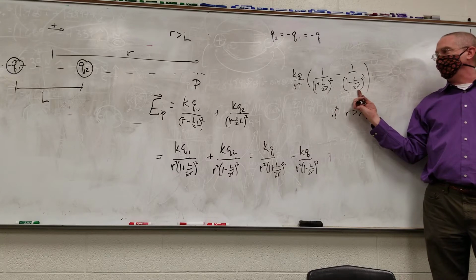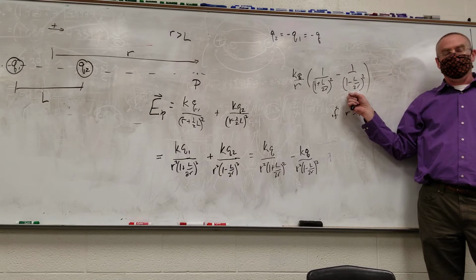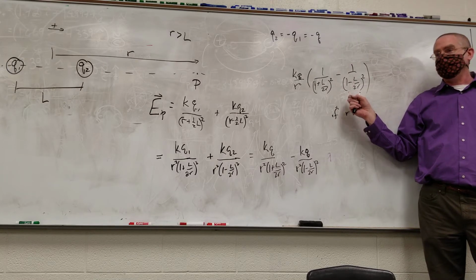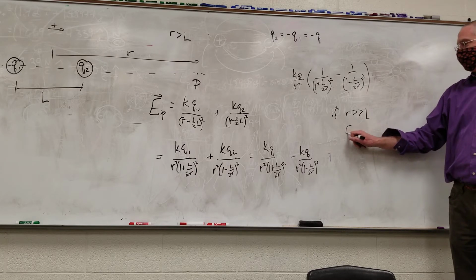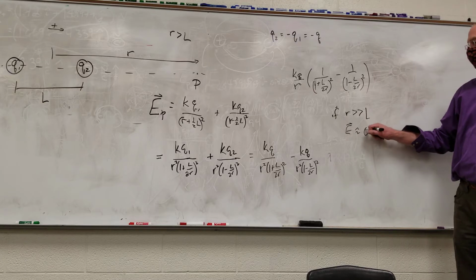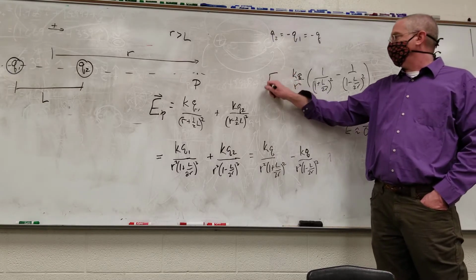This term becomes insignificant. What I'm left with in parentheses is 1 over 1 minus 1 over 1, which the math people tell me is equal to 0. In other words, if I'm far enough away, then the electric field where I am right now is close enough to 0. Good enough for physicists. And it should be that way. I would expect that. So if R is much bigger than L, then my electric field is practically a zero vector. This is my electric field at P.